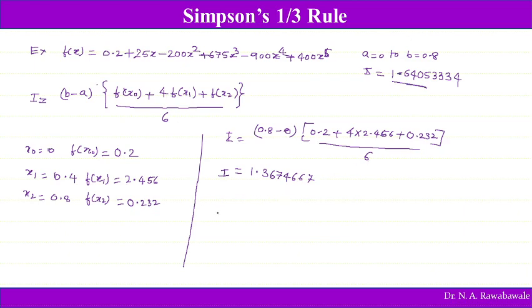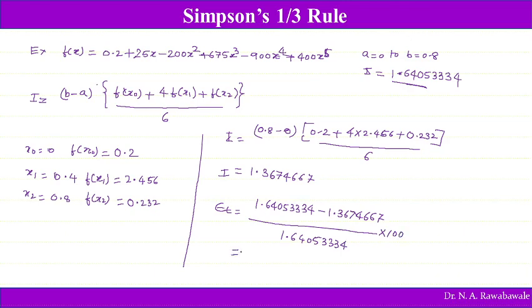So true error we can find as true integral 1.64053334 minus approximate integral 1.3674667, divided by true integral 1.6405334, into 100. On simplification, this true error works out to be 16.6%.